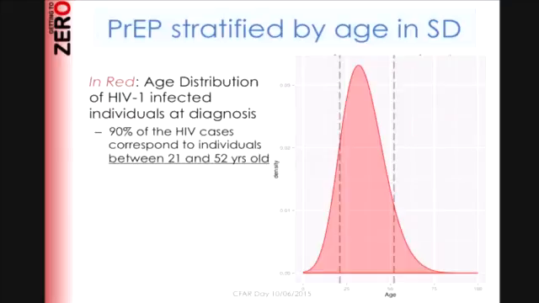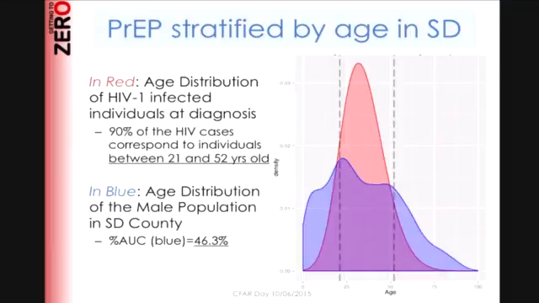You see here the red curve, and to take into account 90% of new cases, you have this range of age between 21 and 52 years old. So 90% of new cases range between 21 and 52 years old. So then I plot the age distribution of males in San Diego.